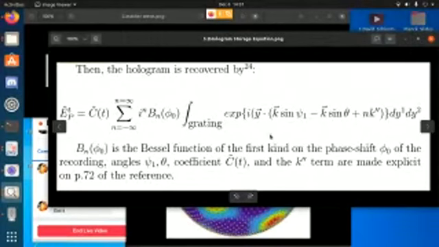And the main thing that should jump out at you is that here you have an exponential i, and then you have frequencies k, right? And this equation is very similar, especially since you're integrating over a 2D surface. So dy1 and dy2, that's a 2D surface. And when you integrate that information over that surface, then you can recover your hologram.